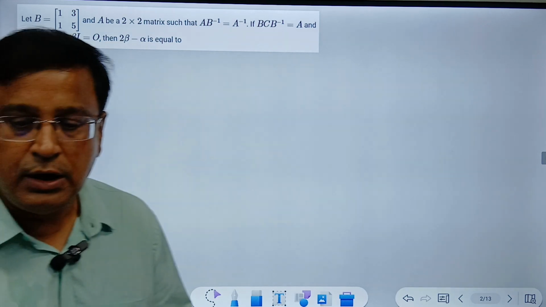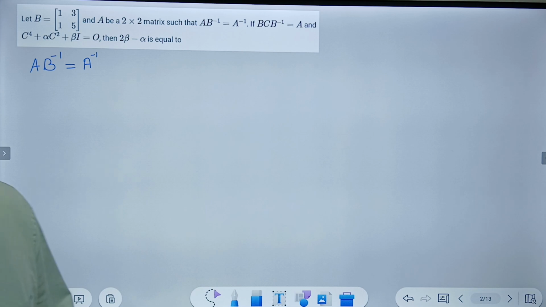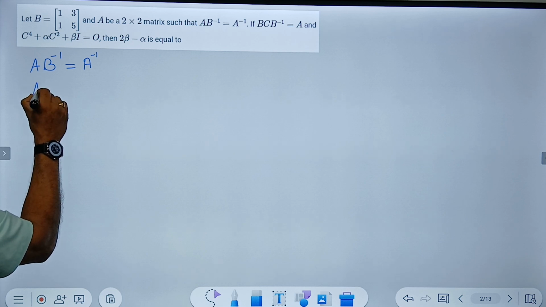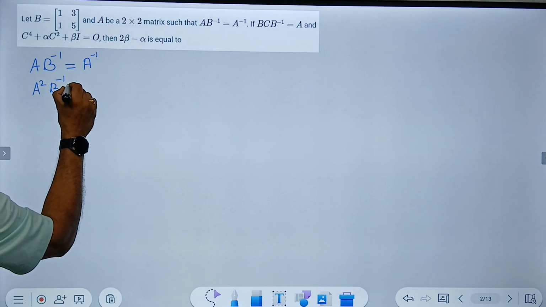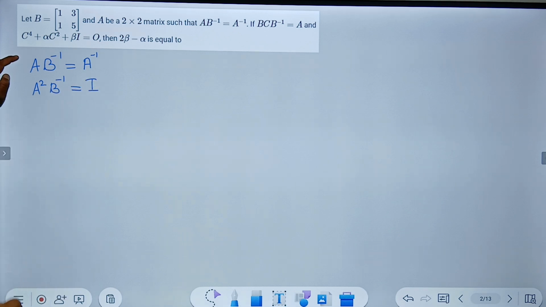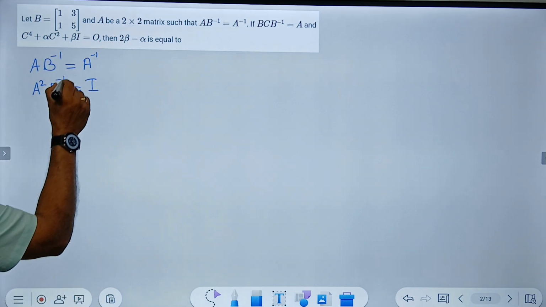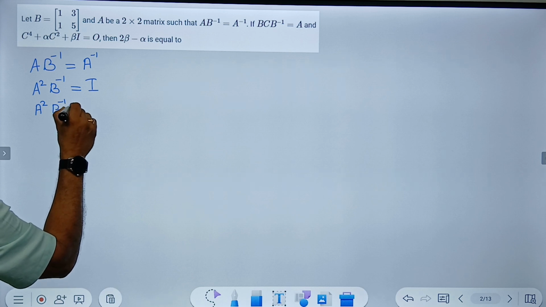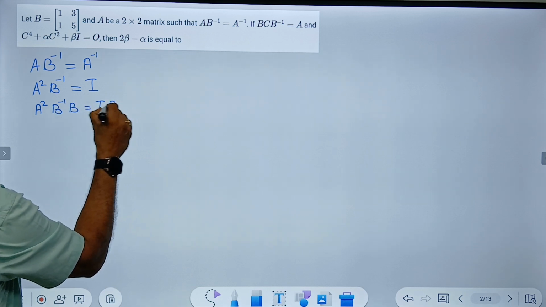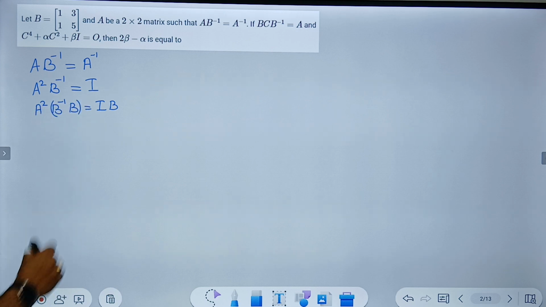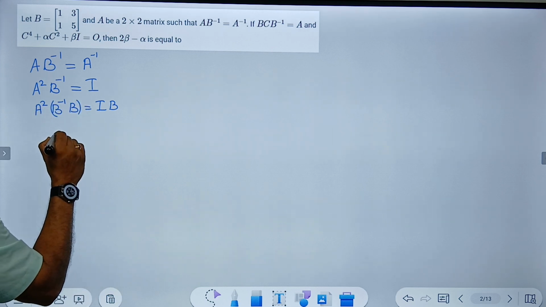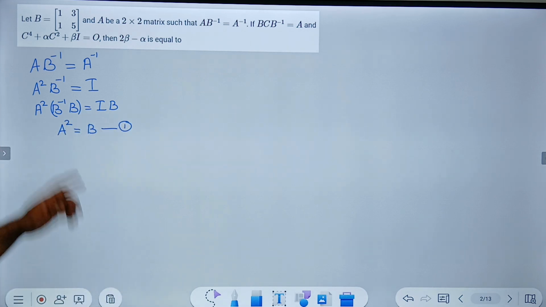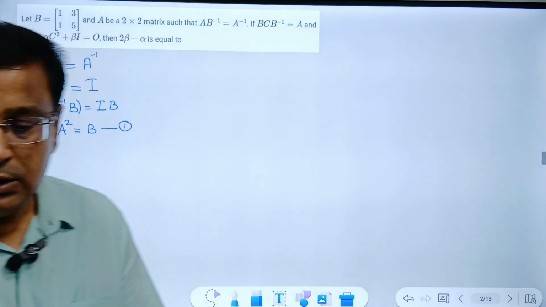Now I'll pre-multiply by A, so I'll get A square B inverse equal to I, because A into A inverse is I. Now I want to get rid of this B inverse, so I post-multiply by B: A square B inverse into B equal to I into B. By the associative property, B inverse B is I, so I get A square equal to B. This is the first equation I get from A B inverse equal to A inverse.